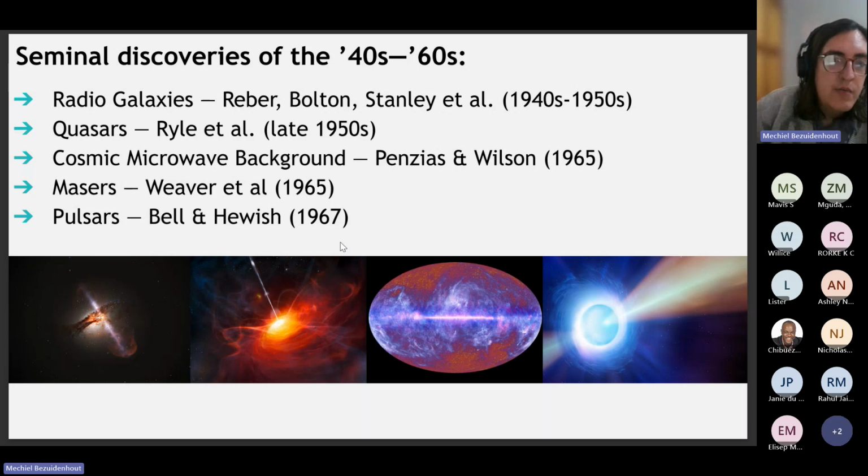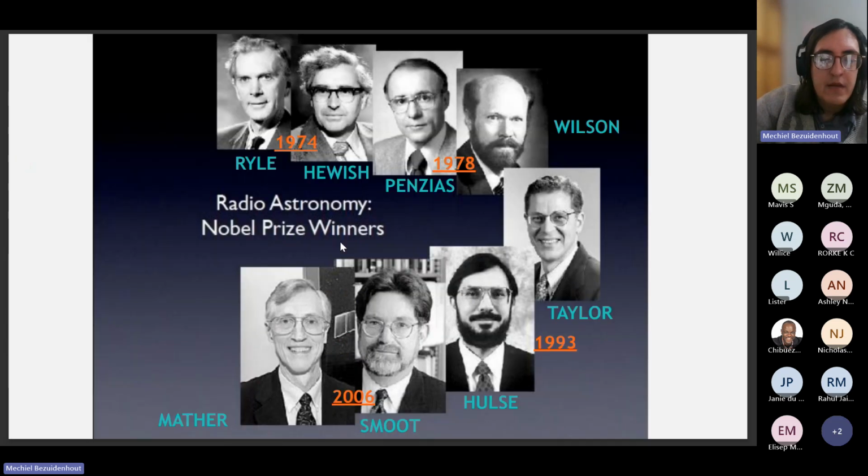Martin Ryle and his group found quasars in the late 1950s. Penzias and Wilson discovered the cosmic microwave background in 65. Masers were also discovered in 65 by Weaver et al. And Jocelyn Bell and Anthony Hewish discovered pulsars in 1967 at Mullard Observatory.